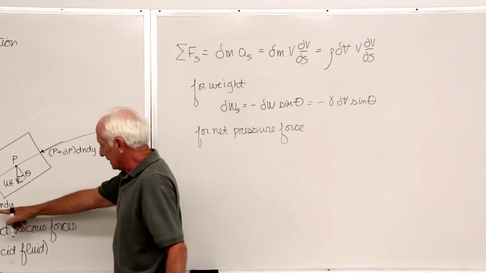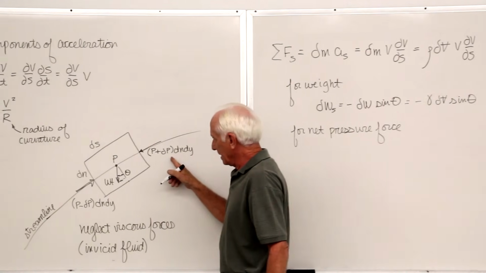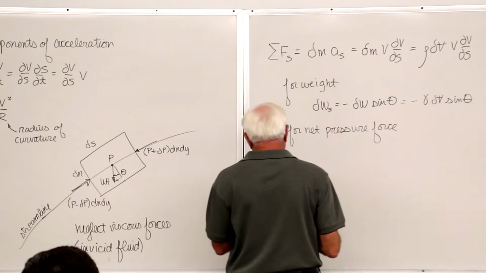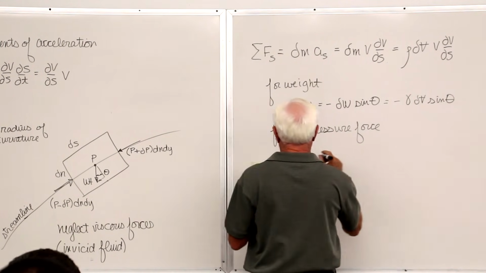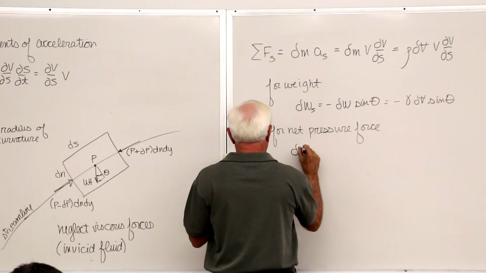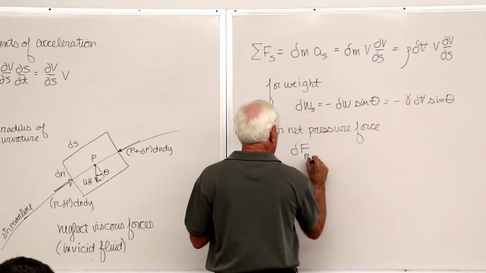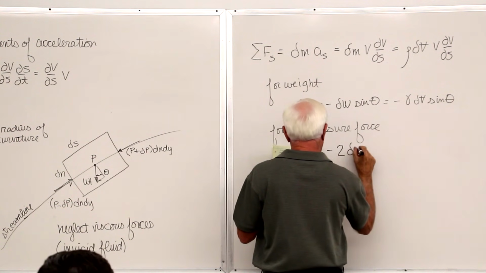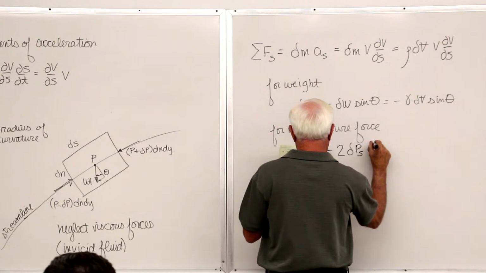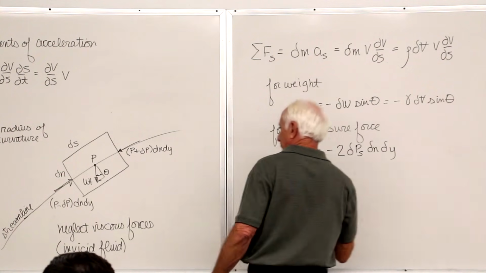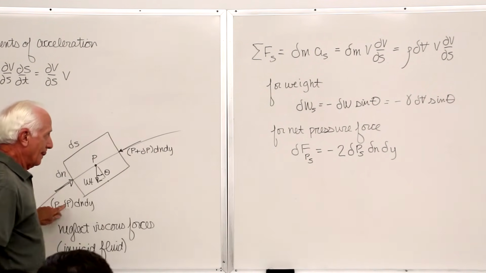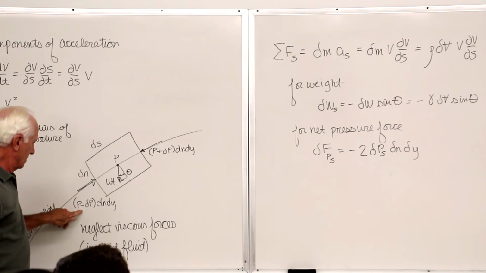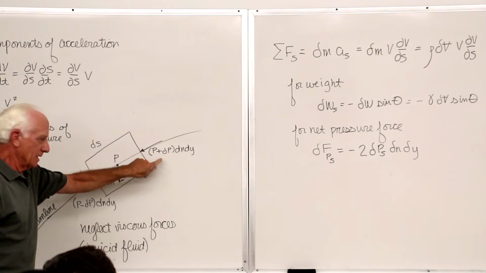So if we subtract the two pressure forces, we end up with delta F, the pressure force in the S direction. This one minus that one.